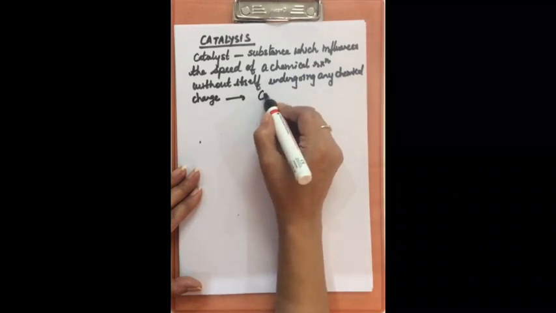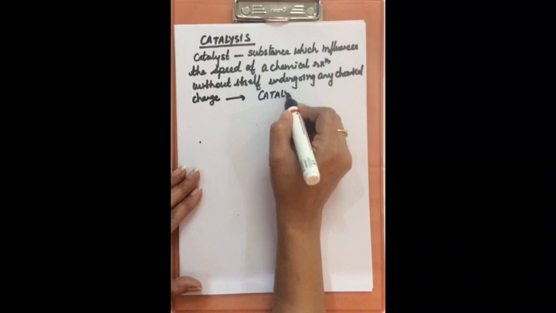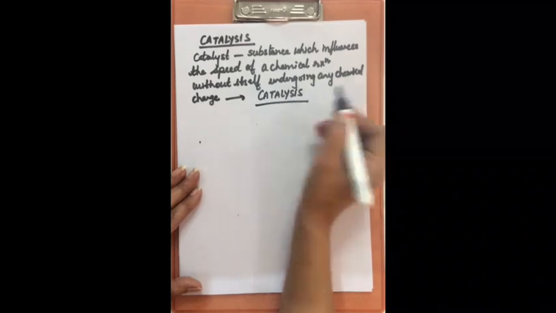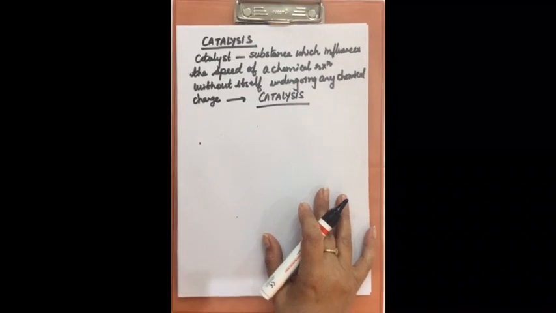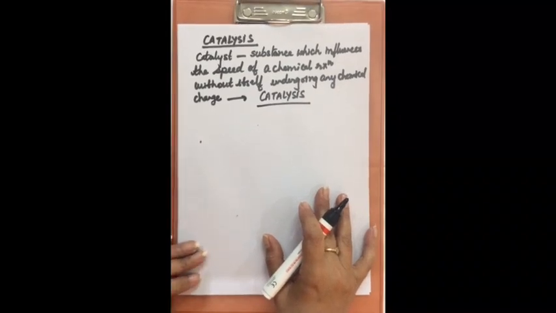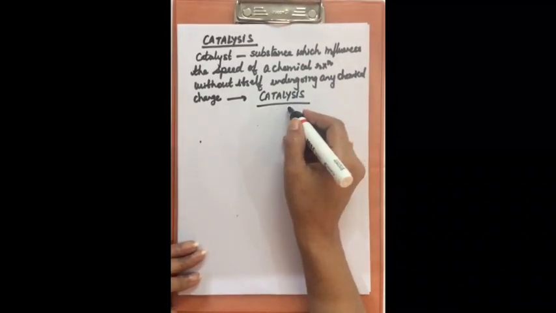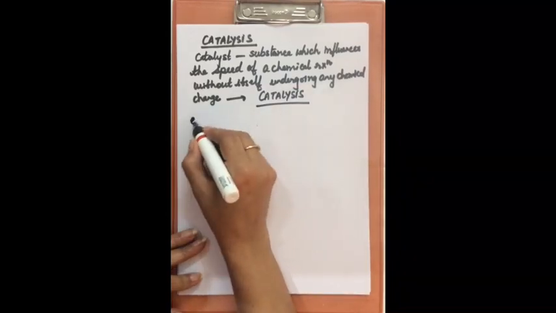This phenomenon is known as catalysis. Catalysis is that substance which actually affects the speed of a chemical reaction, and itself it will not undergo any chemical change, and this process is called catalysis.